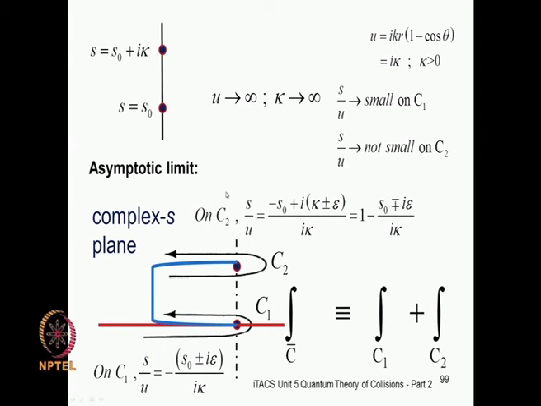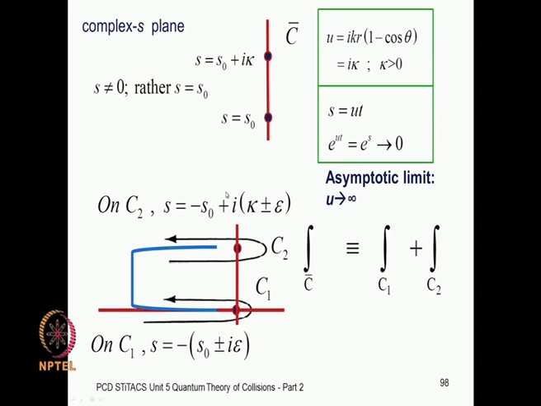Okay. So these are the two integrals that we now have to determine. So on C2 we displayed what will be the values of s, but what is our interest? Our interest is in the asymptotic region. So we will be developing expansions or approximations in s over u. So let us find out what happens to s over u. Okay.